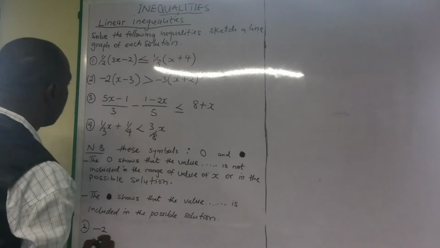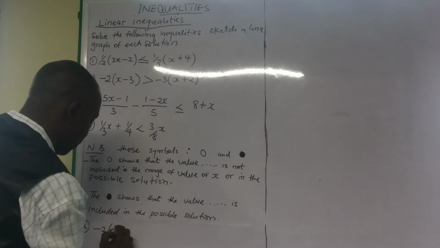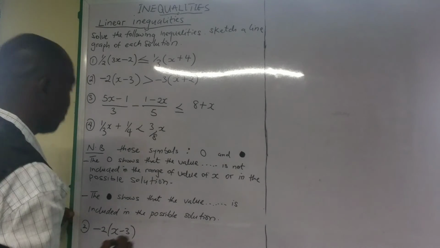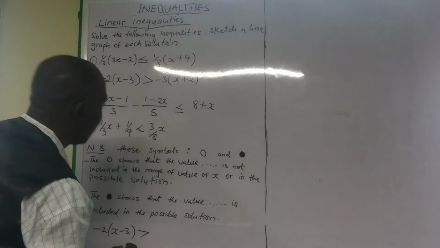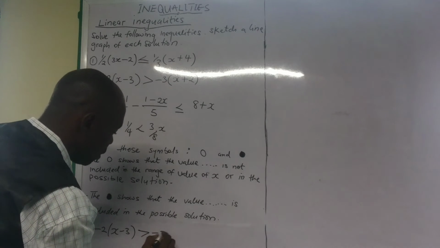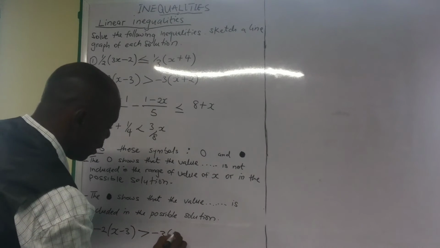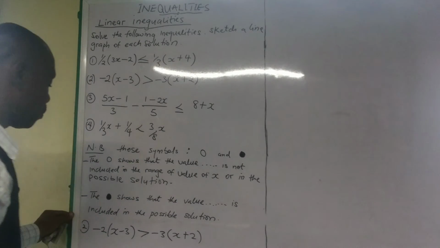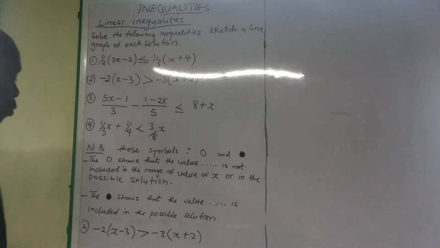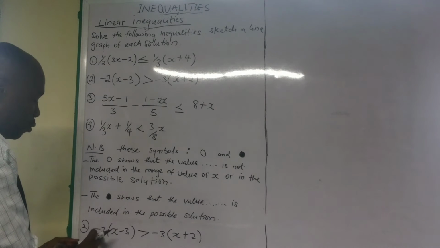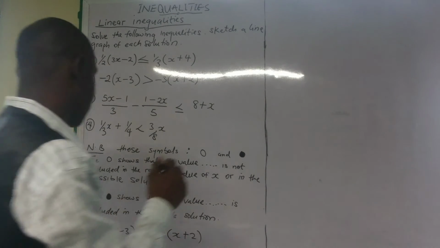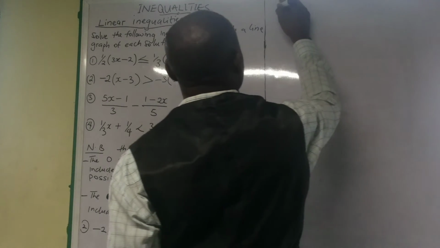Minus 2 bracket x minus 3 close bracket greater than minus 3 bracket x plus 2 close bracket. With this one too, we're going to clear the brackets, using the one outside to multiply the one inside. So let's clear brackets.